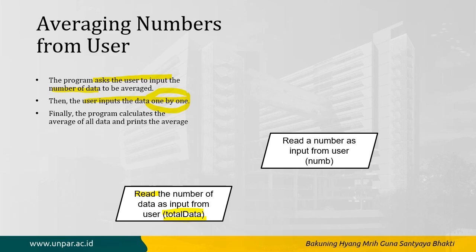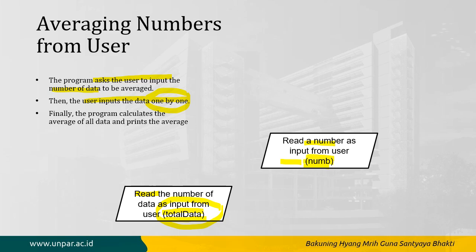So we read a number as the input from the user, and we store this individual number in a variable called num. So num is different from total data. Total data is how many numbers you have, and num is a single number in the data set that you have.